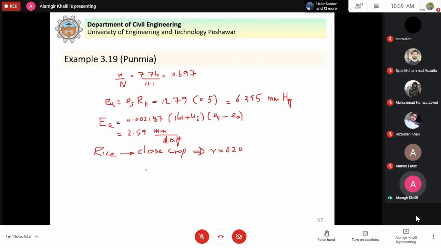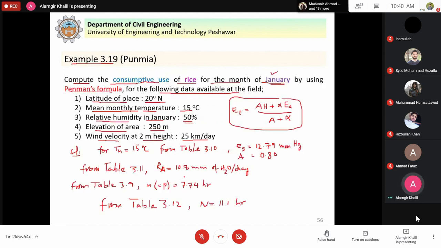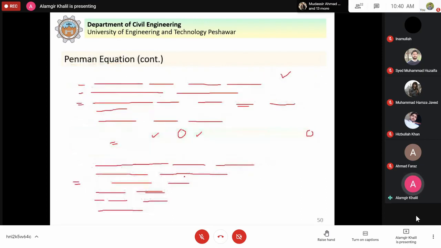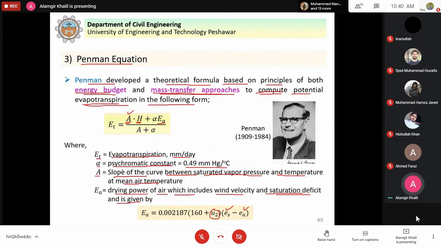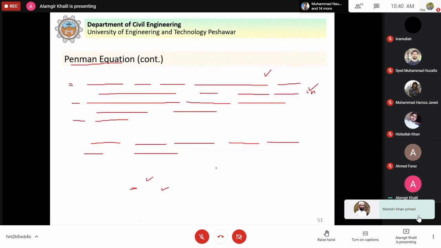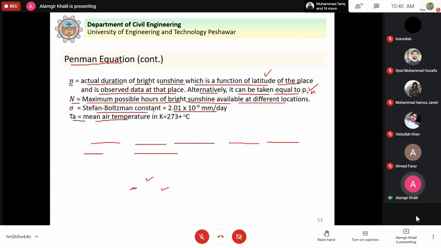Next we have the alpha. We already know that the value of alpha, the psychrometric constant, is 0.49 millimeter of mercury Hg per degree C. These are constants. Clear? In the equation we already discussed them here. And we have the sigma here, Stefan Boltzmann's constant.